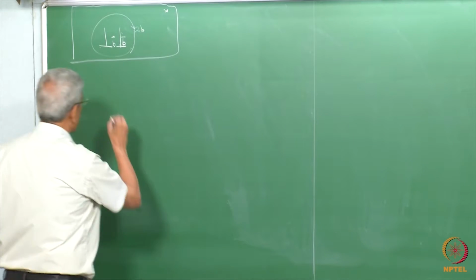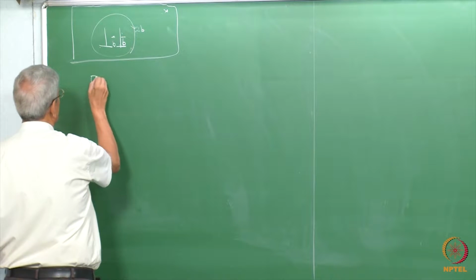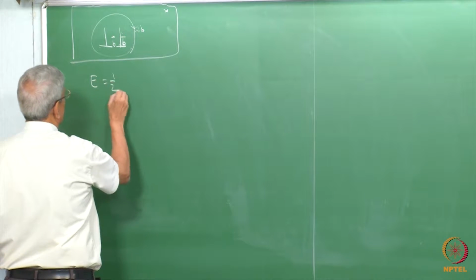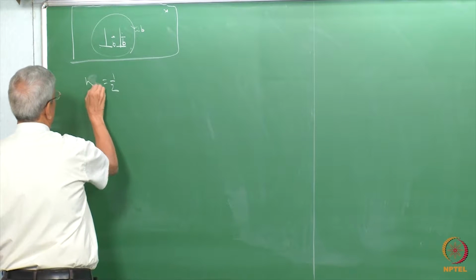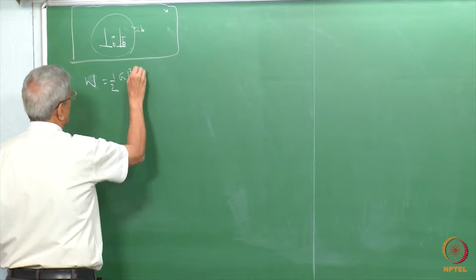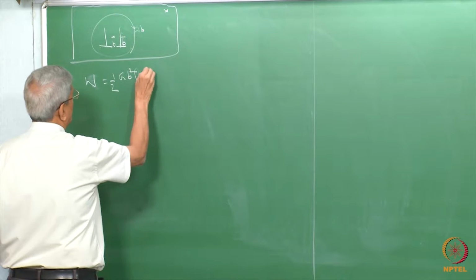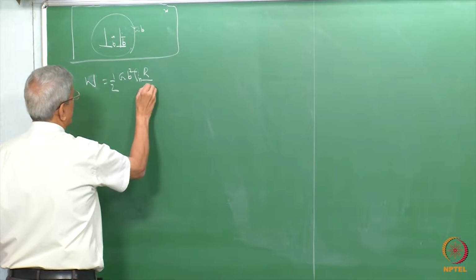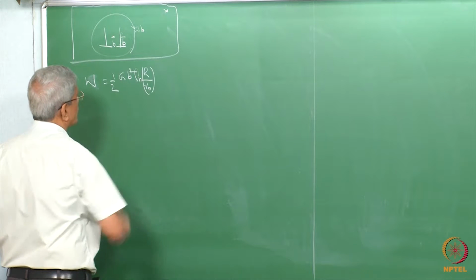So the expression for the self energy of a dislocation, W, we have written as half G b squared, times the logarithm of R by R0, where R0 is the core radius.